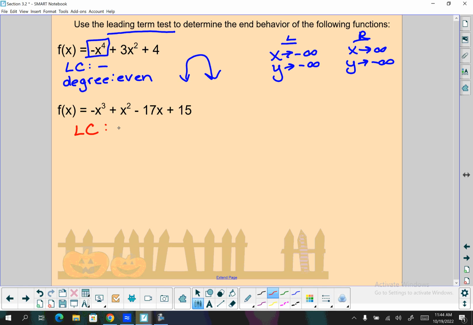It's odd and negative. Look at your thing. Oh, the actual numbers. No, I said it's just negative.